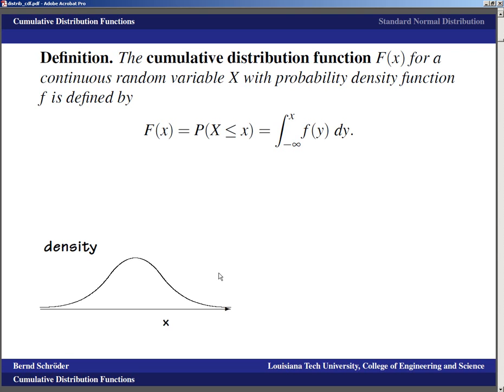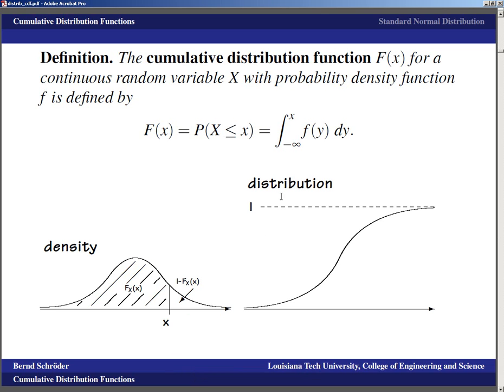And so that means that in the density picture, and I keep using pictures that look like normal distribution because that's our main example, but we're also going to see some animations for some other stuff, the probability that we get a value to the left of x is the area to the left of x, and so the area to the left of x is the value of the cumulative distribution function, whereas the area to the right of the value is 1 minus the value of the cumulative distribution function.